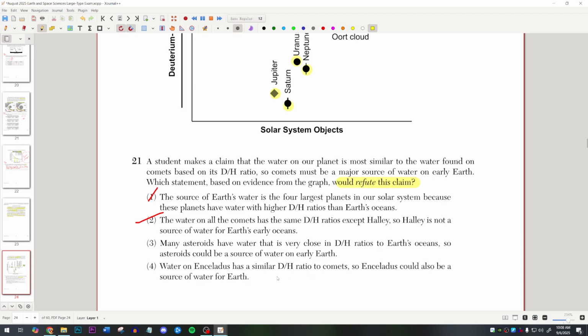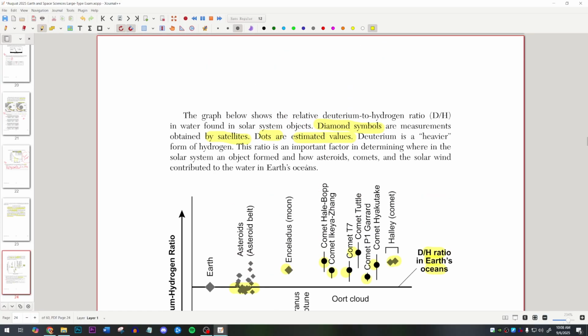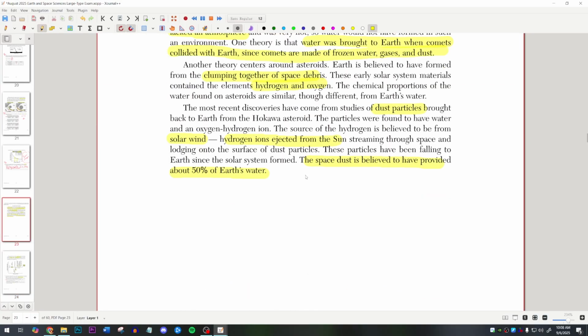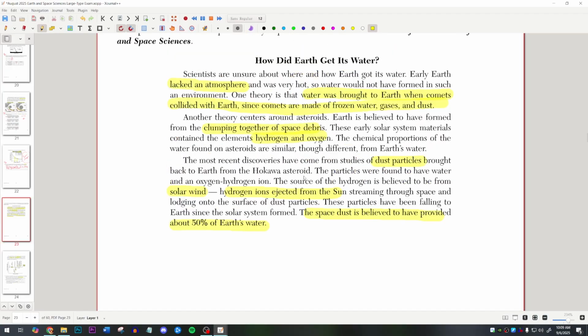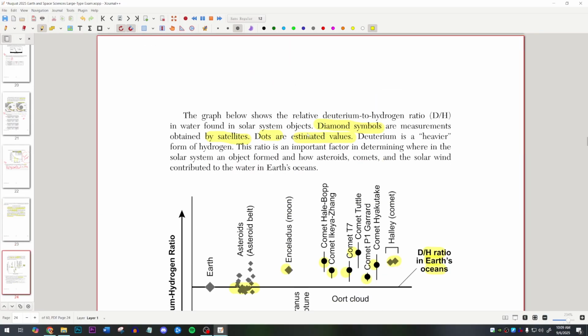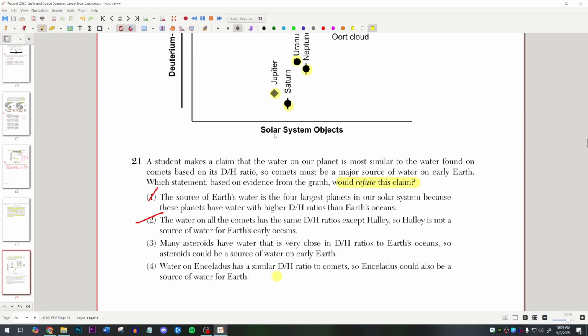Okay, so that's kind of not that wrong, but 3 sounds better to me, and they didn't mention anything in the reading about Enceladus. They said it's probably, you know, asteroids or something like that. So I would say for this, if I was 50-50ing, I would go with 3.